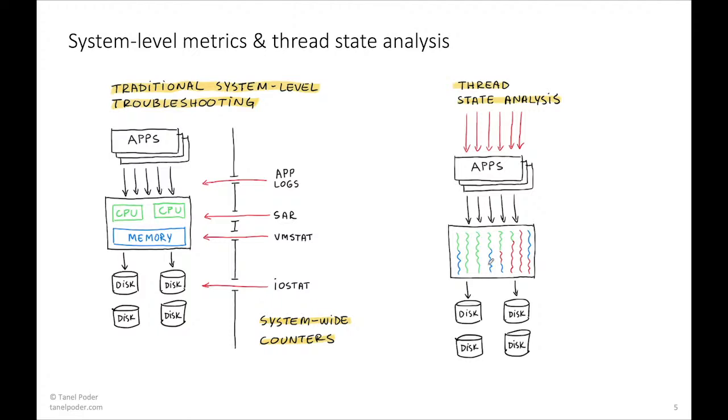So this is the approach I'm proposing: let's start sampling what threads are doing, as opposed to measuring the utilization or something like that. We may still have to go to that level, like iostat, if we see that everybody is waiting for I/O a lot, but let's look into this approach first.